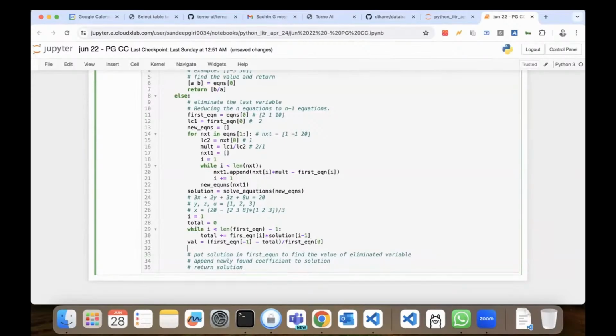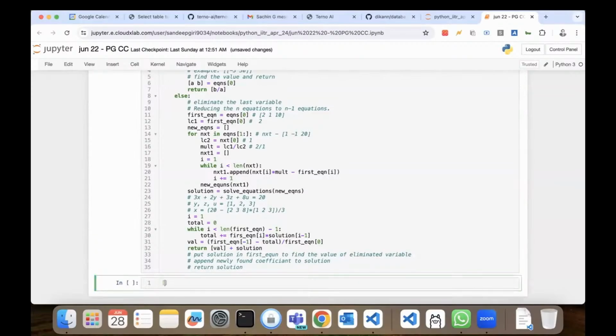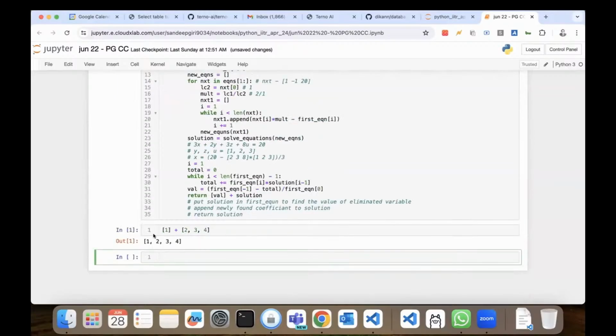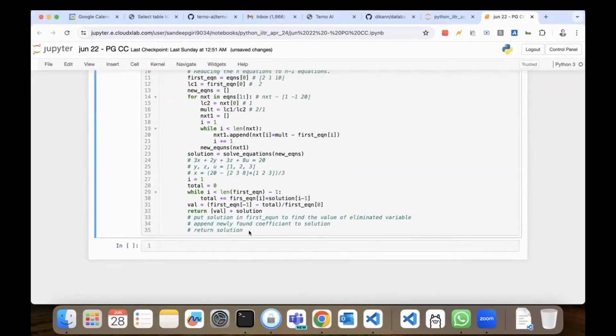Now we'll just put this into the solution, right? So we'll return val plus solution. If you remember correctly, if you have 1, 2, 3, 4, you can just add them like this. Making sense, everyone?